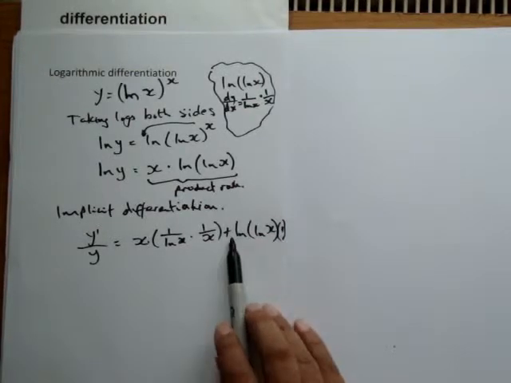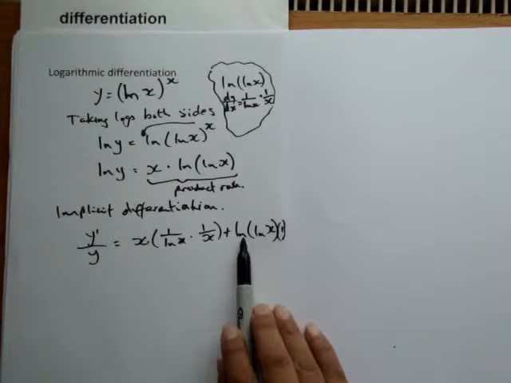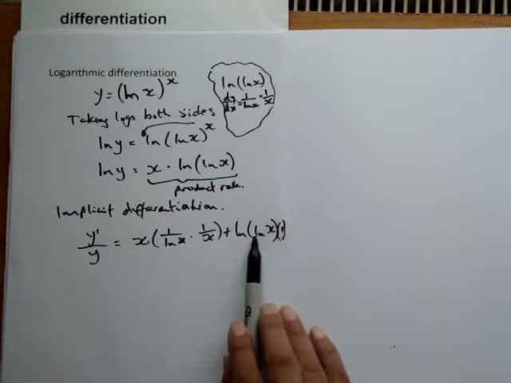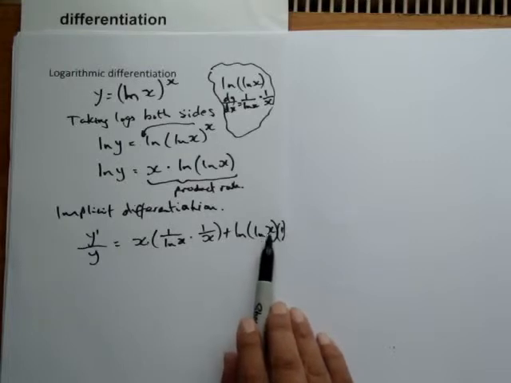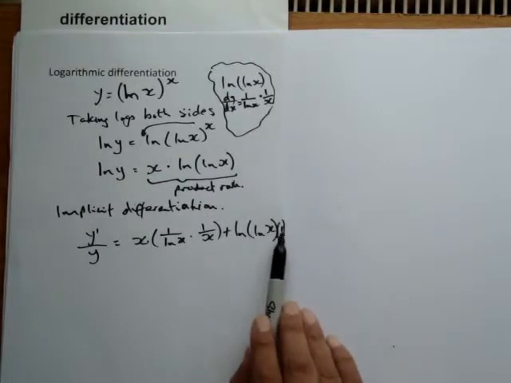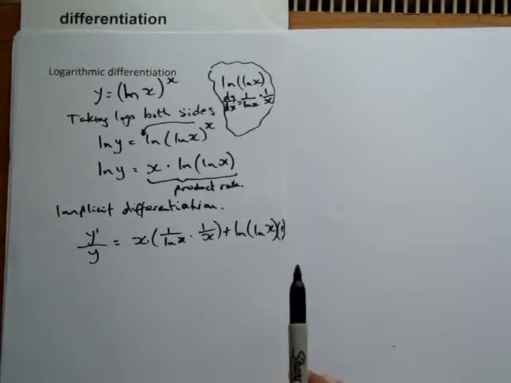And then plus, we leave the natural log of x alone and multiply it by the derivative of x, which is 1.